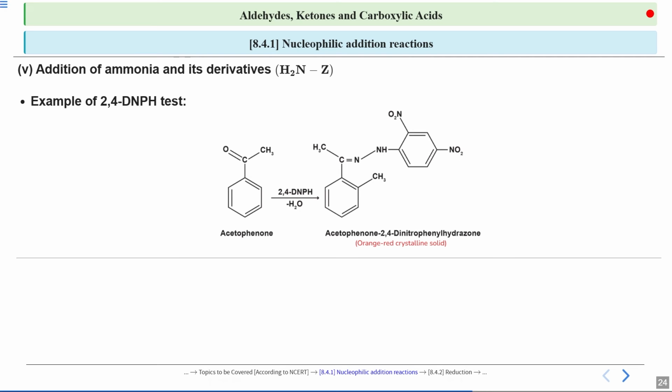One more piece of information: alcohols, esters, and carboxylic acids do not give this 2,4-DNPH test. The product is an orange-red crystalline solid.